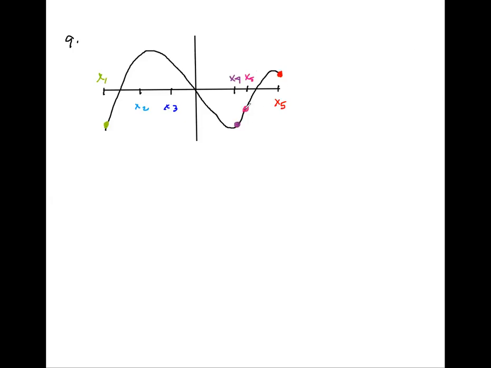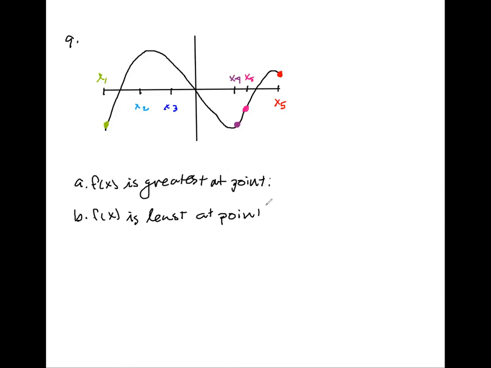So what are your thoughts on where f of x is the greatest? And where f of x is the least? It might be handy to look at the actual graph of this in the book because it's probably a little bit more specific than what I've drawn here.